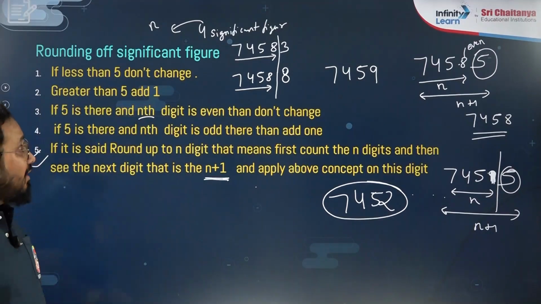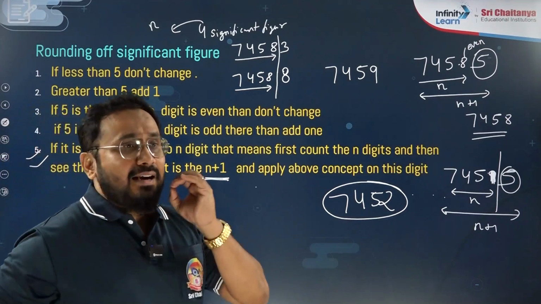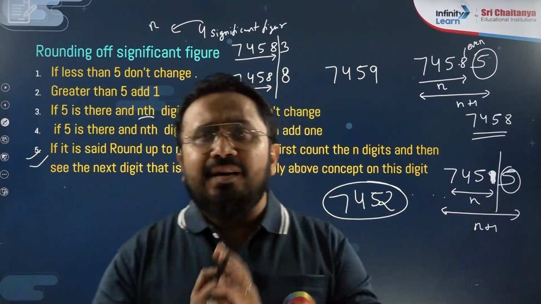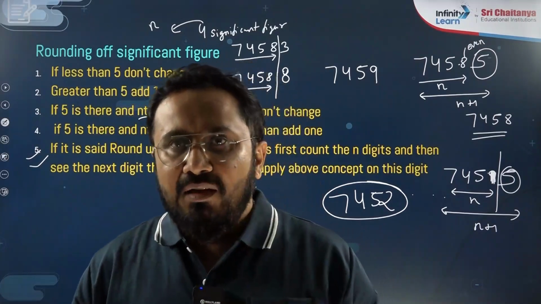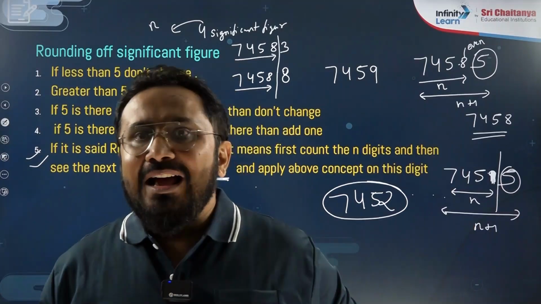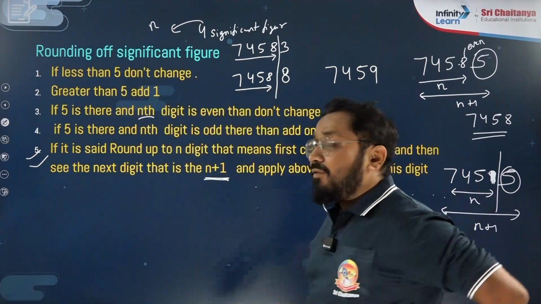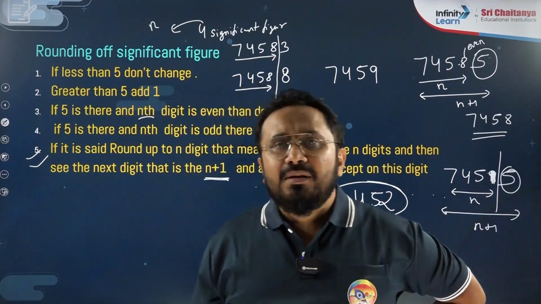Is this clear? Once again I am repeating. If they say find out the 3 significant figures, that means n is 3. Now I have to check the 4th one, that is n plus 1, and apply all these concepts to the 4th one.